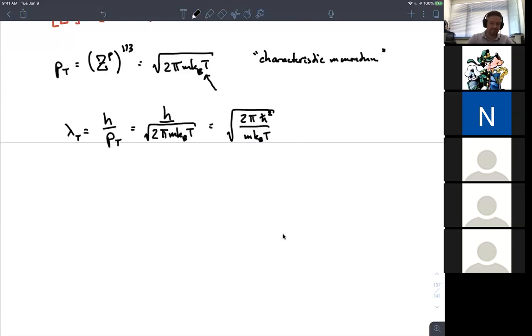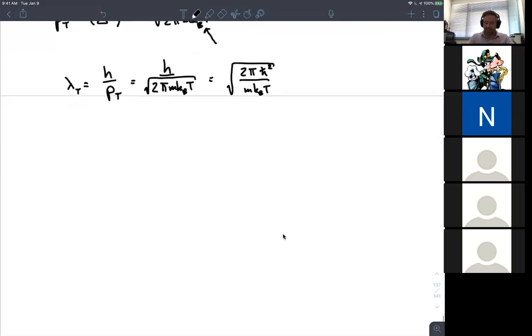All I did here was substitute in h bar and write it in a nicer fashion. Each particle in quantum mechanics is associated with some wavelength, and you can roughly think of the wavelength as being characteristic of the size of that particle, whatever the hell that means. So in other words, this is the thermal de Broglie wavelength.